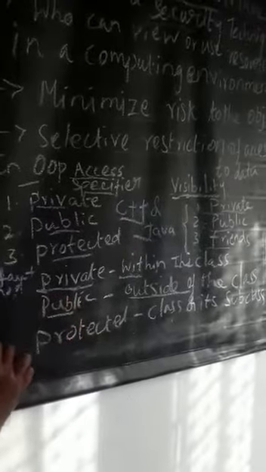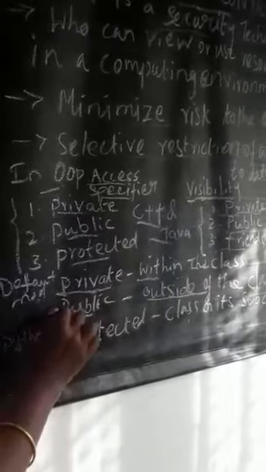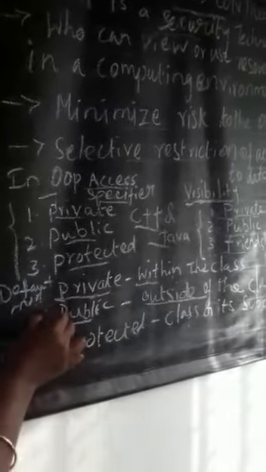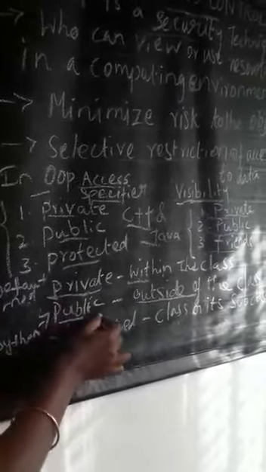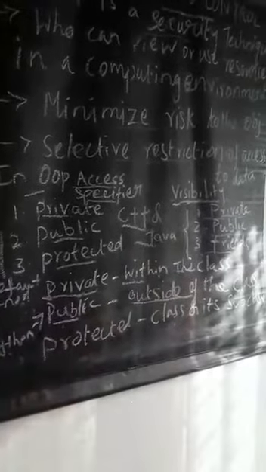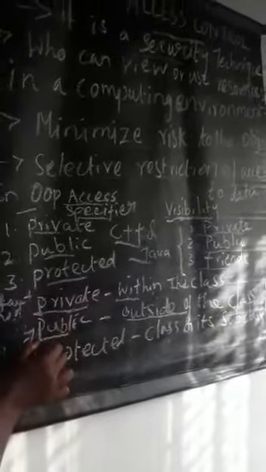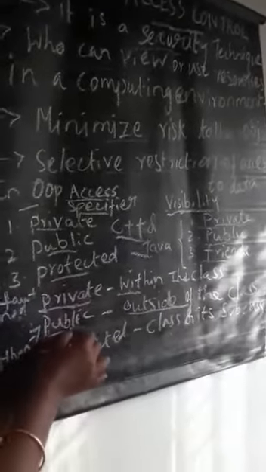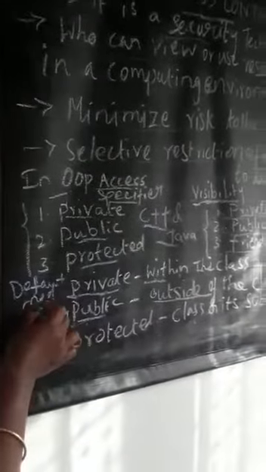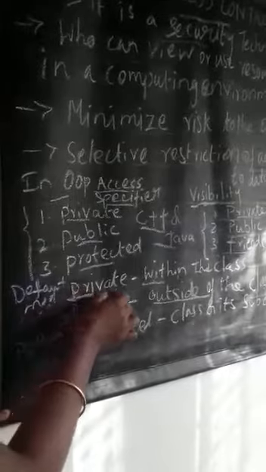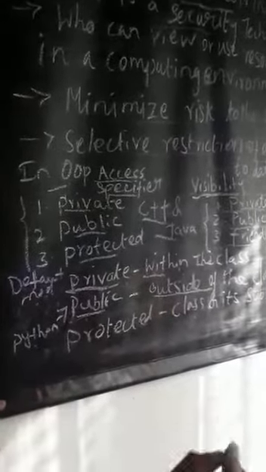But in Python programming, the default mode is public, so all data members can be accessed outside of all the classes. In C++ and Java, the default mode is private, so data members cannot be accessed outside of the class.